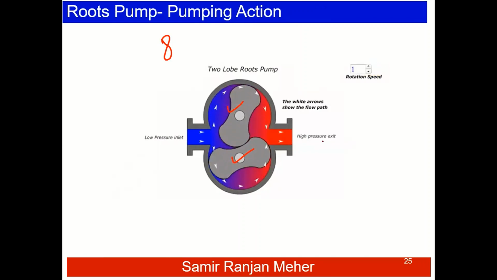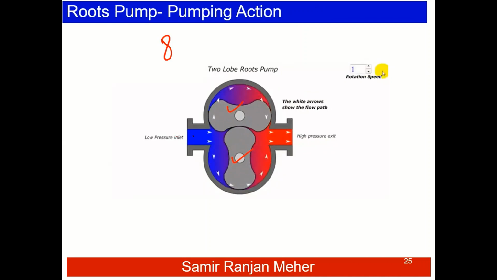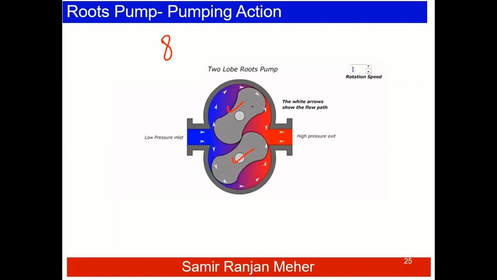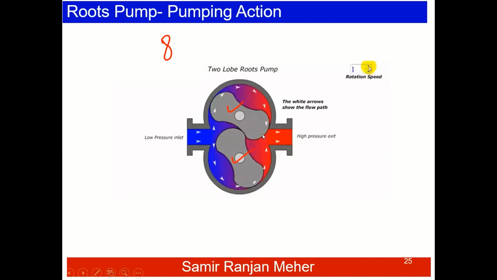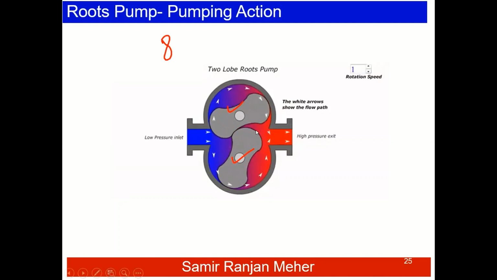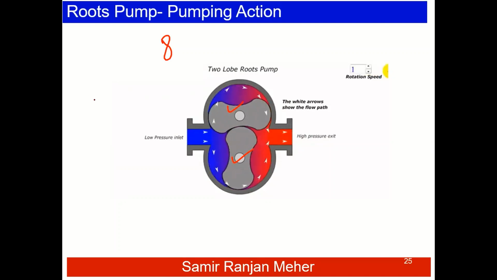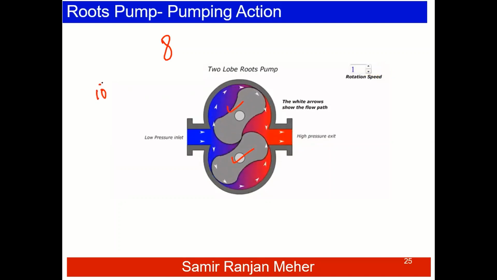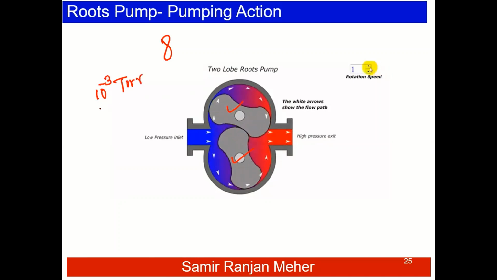This is the high pressure exit. The construction is such that whatever gas enters is exited out through the properly organized motion of these lobes. Both these pumps can be used from atmospheric pressure down to around 10 to the power minus 3 torr, which is the rough region of the vacuum.